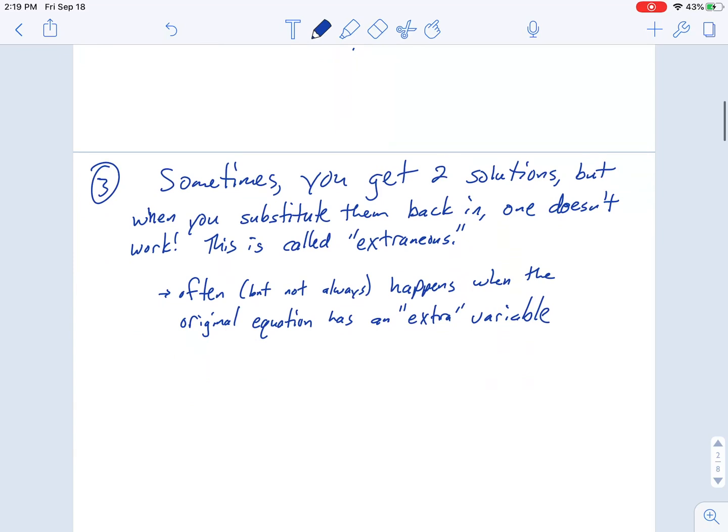And then, like I said before, sometimes everything looks right, you work it out, you get two solutions, but then you substitute the solutions back in, which we really haven't done, but you know when you solve equations, you can always plug your answer back in and see if it's right or wrong. So when you plug your two answers back in, sometimes one of them works and one of them doesn't work.